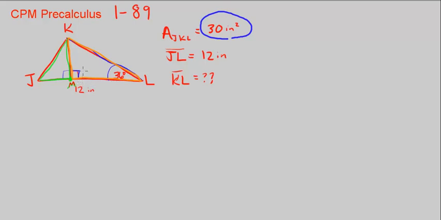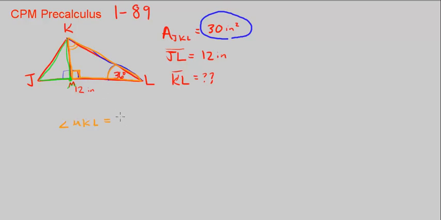Looking at triangle KLM, this angle here is 36 degrees, and this angle here is 90 degrees. So what is this angle right here? Angle MKL is equal to, well, if we add up all three angles in the triangle, it's 180 degrees.